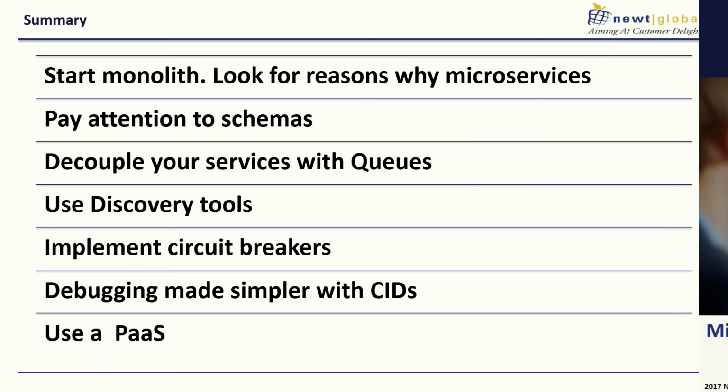And the biggest tip I would say is to use a platform as a service, something like Cloud Foundry or OpenShift. The reason being, once you adopt a standard way of development, that is a 12-factor app or something, it gives you certain operational functions out of the box.